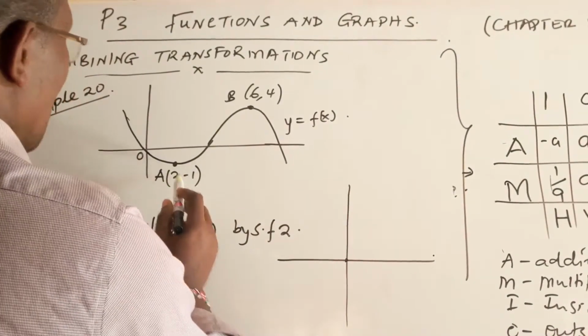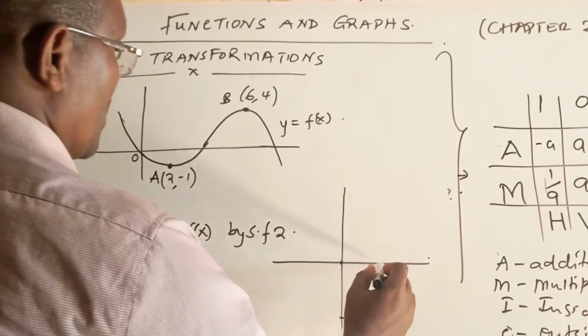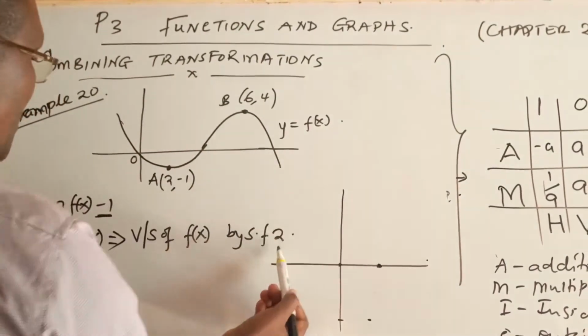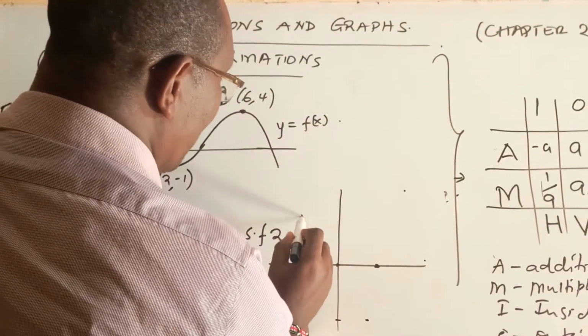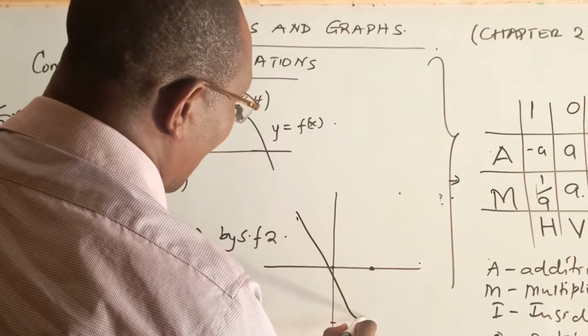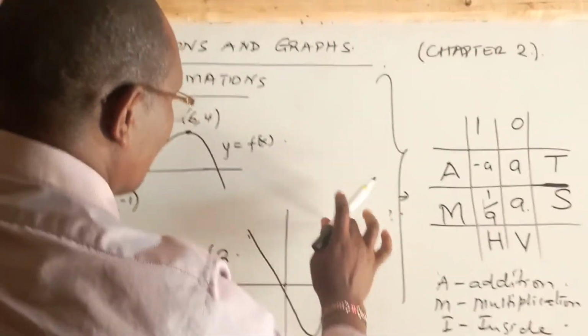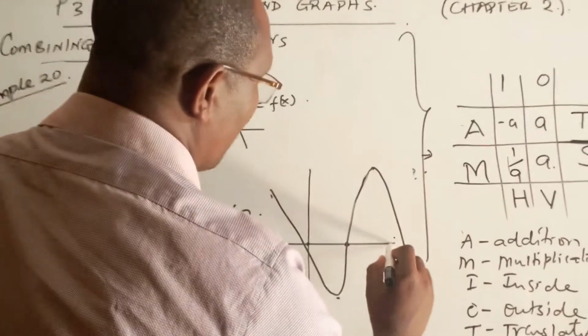But what about -1? -1 changes to -2. What about 4? 4 multiplied by 2 becomes 8. So we're going to have a sketch that looks like this, and we need to now give it new labels.